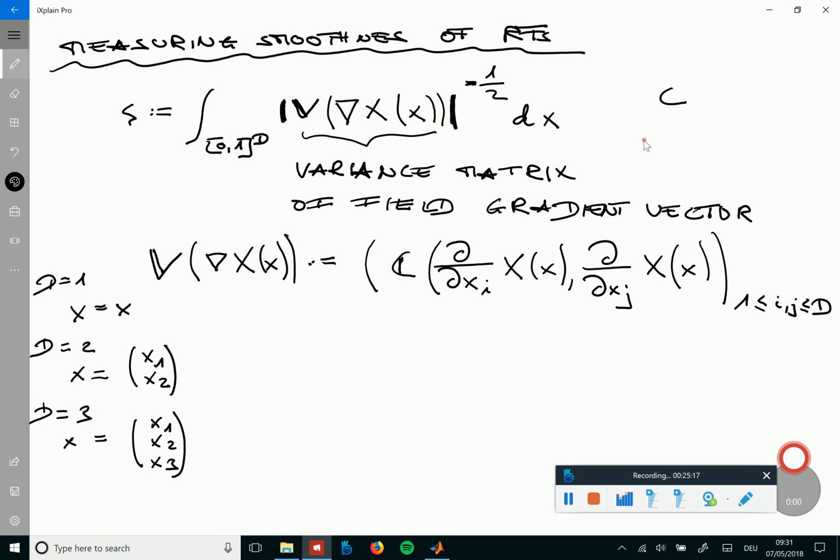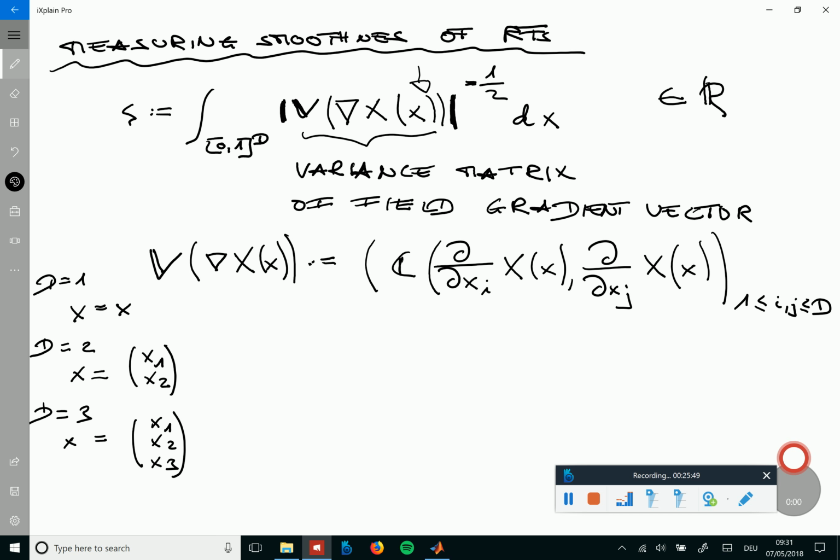So this is something that I see already from this term, because you have something that varies over space, which is this variance matrix of the field gradient vector that varies over space because it's dependent on x. So there's a dependency on x, but then for each x there's a determinant formed, so we have a single number.